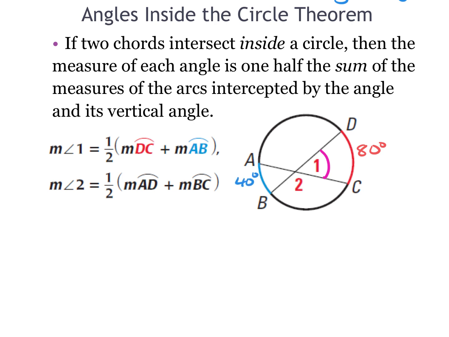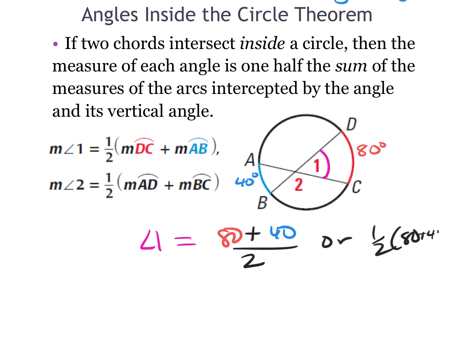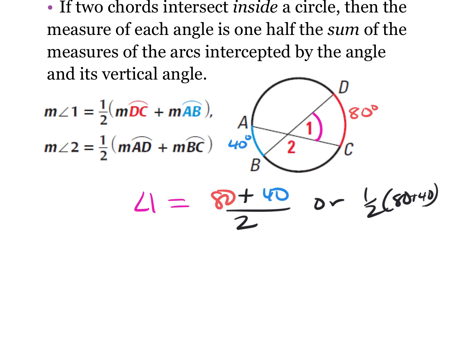Then to find the measure of angle 1, I'm just going to take DC, which is 80, add that to AB, which is 40, and then divide it by 2 or do 1/2, either way, and angle 1 will be 120 divided by 2, and it would be 60 degrees.